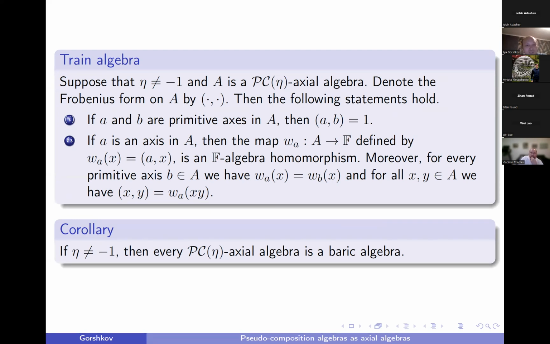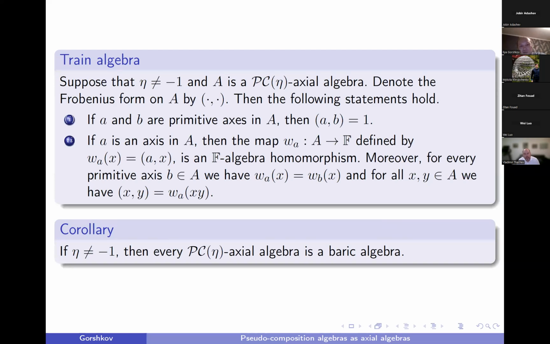What can we say about train algebras? Suppose that eta doesn't equal -1, and A is a pseudo-composition eta type axial algebra. We have a Frobenius form on this algebra, and this Frobenius form has the next property: if A and B are primitive axes of A, then (A,B) is equal to 1.